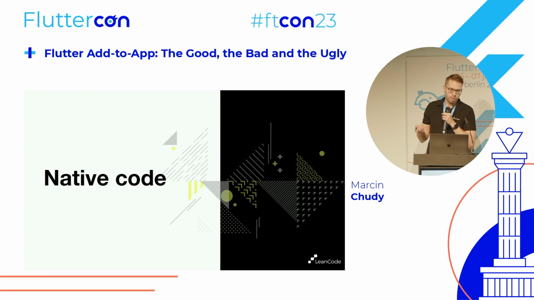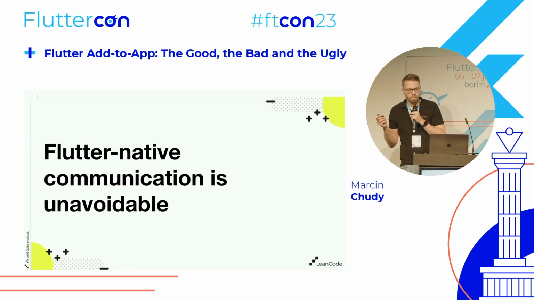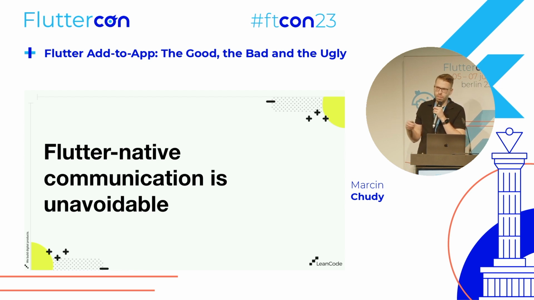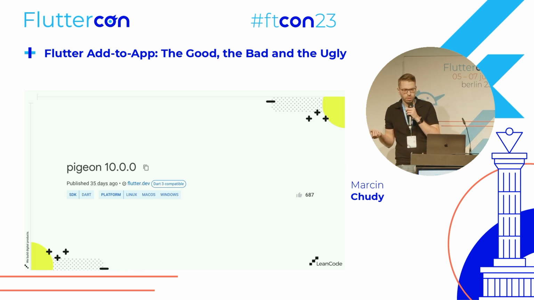And now a few words about native code, because the general conclusion is that you will need native knowledge to do add-to-app. Flutter native communication is really unavoidable. You will have to write some method channels, do some communication. And I highly recommend the Pigeon package if you need to do this.